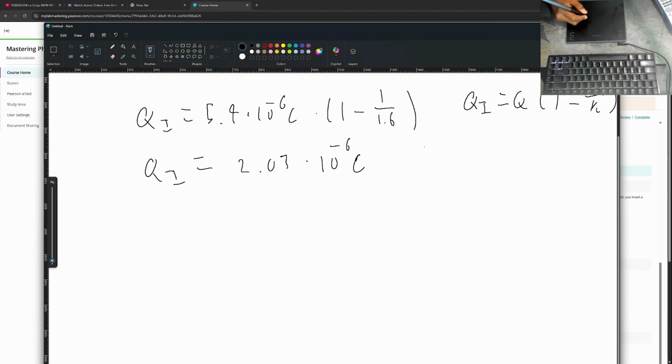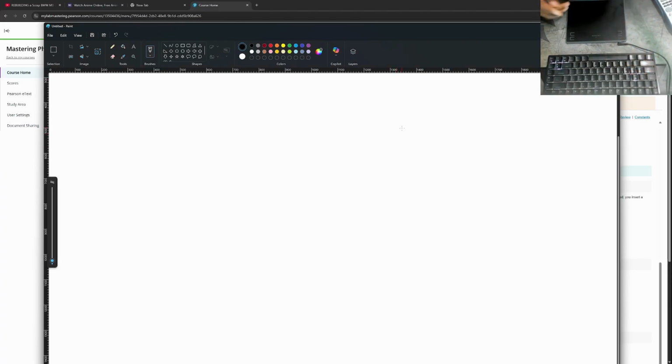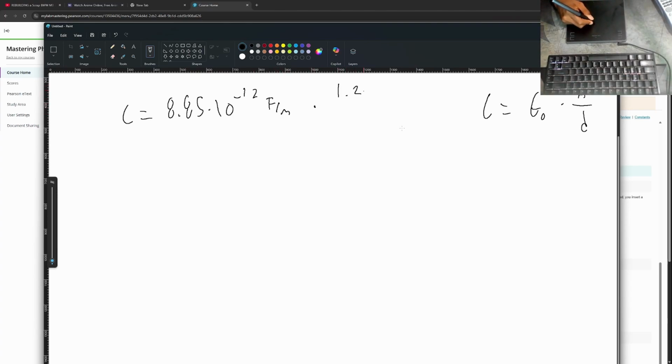So let me write this out. So erase this first. So our capacitance is going to equal our vacuum permittivity times area divided by distance. And so the capacitance is 8.85 times 10 to the power of negative 12 farads per meter, times 1.2 meters squared divided by 4.5 times 10 to the power of negative 3 meters because it was in millimeters.